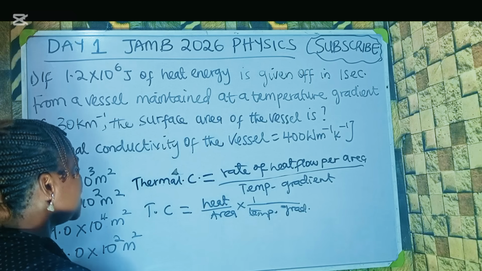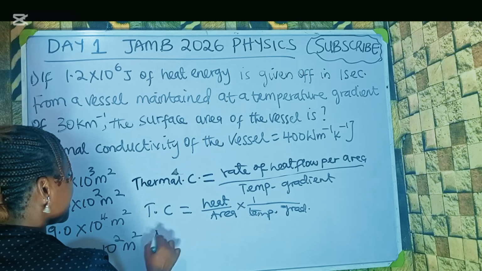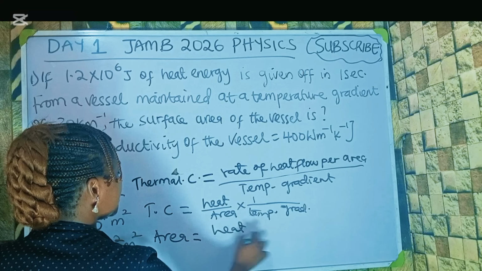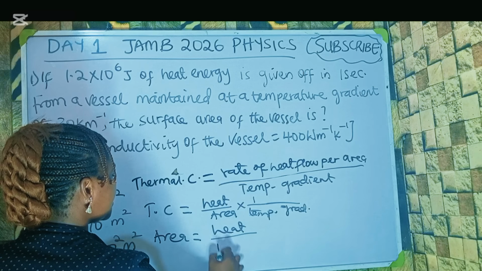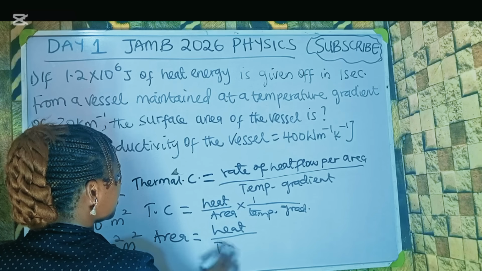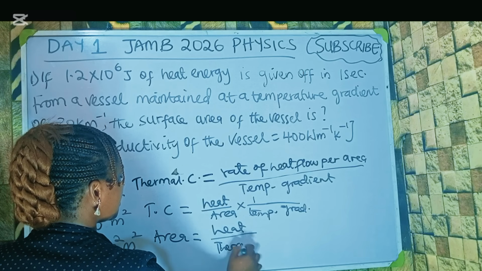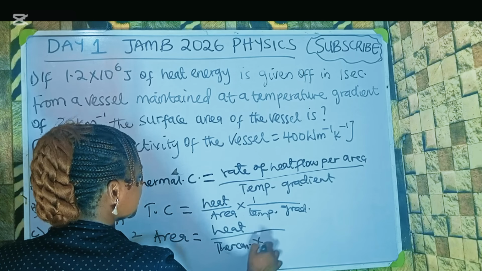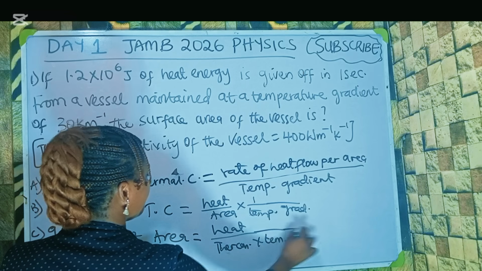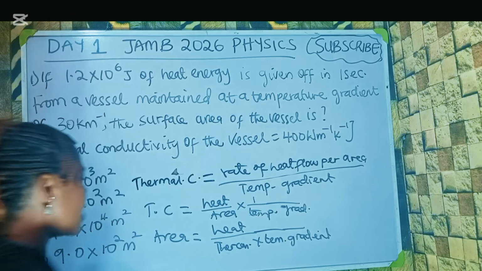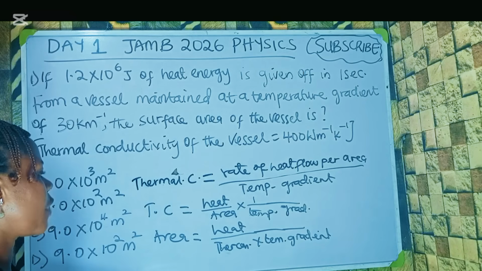Making area the subject, cross multiply: area is equal to rate of heat over thermal conductivity, then times temperature gradient. Alright guys, let's put in the parameters and solve our question.